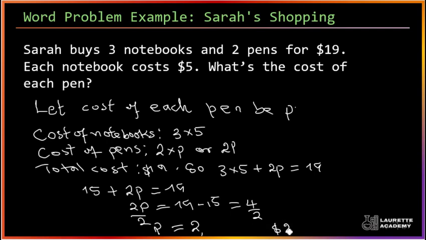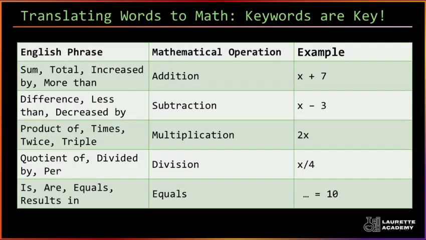A huge part of mastering word problems is learning to translate common English phrases into their mathematical equivalents. It's like learning a new vocabulary. Let's look at some common ones.